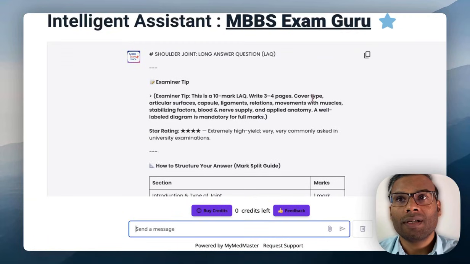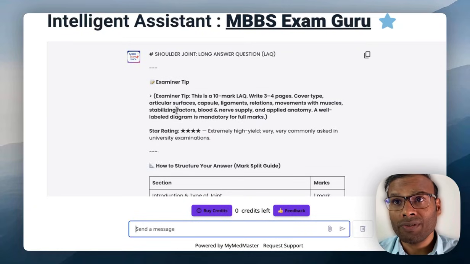Like here, cover the type of the joint, articular surfaces, capsule, ligaments, relations, movements with muscles, stabilizing factors, blood and nerve supply, and applied anatomy. Also, it suggests a well-labeled diagram is mandatory for full marks.